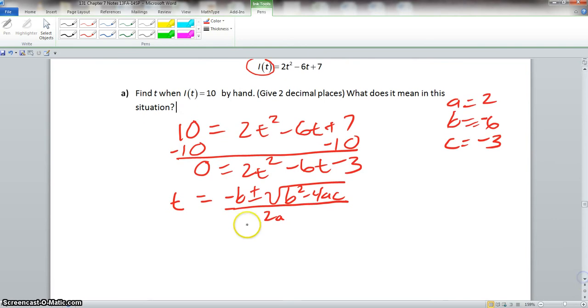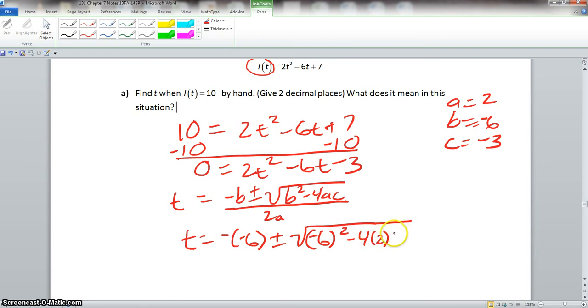Now we will substitute in these values. So we have t is equal to the opposite of -6 plus or minus the square root of -6 squared minus 4 times a is 2 and c is -3 all over 2 times 2.